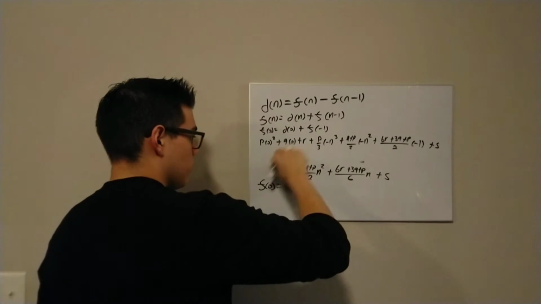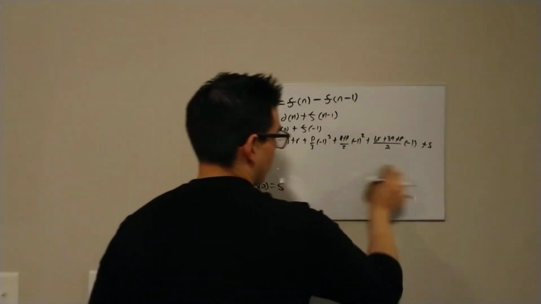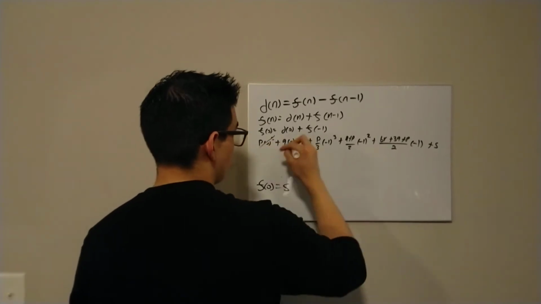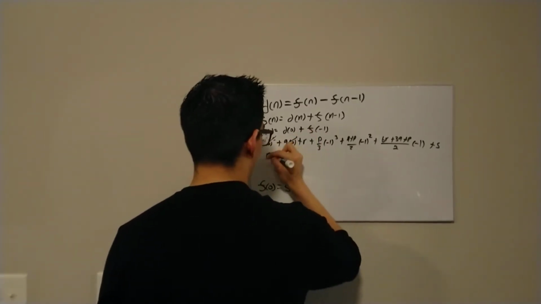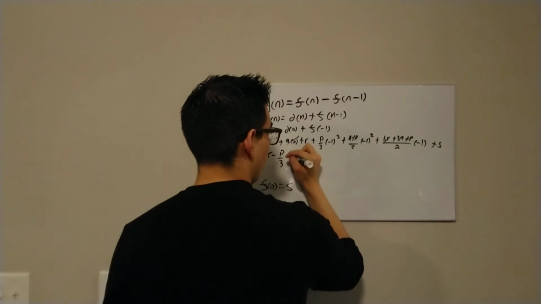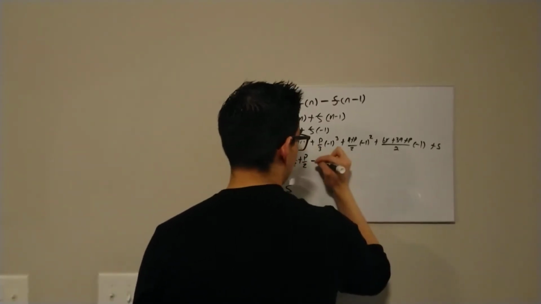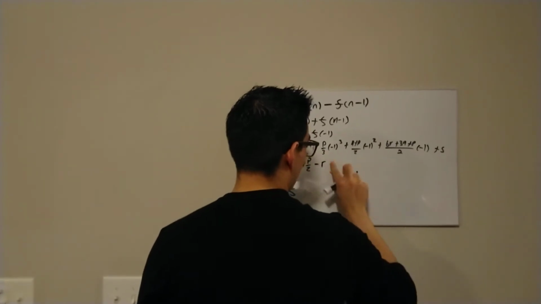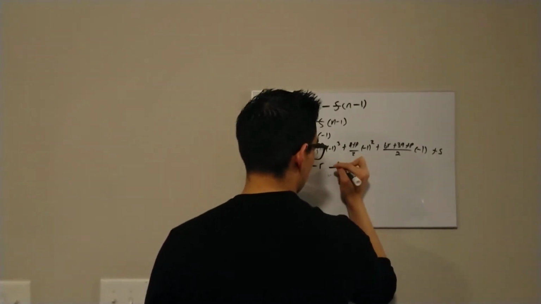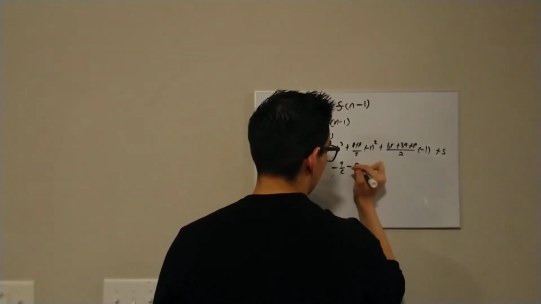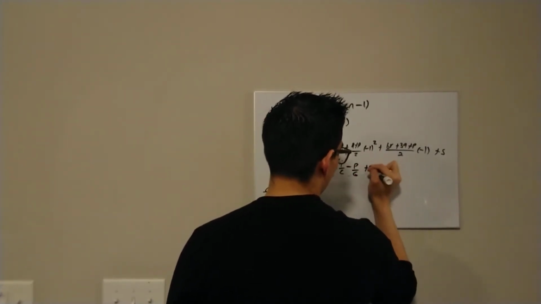Now, we just need to make sure that this comes out to just s, and that our left hand and our right hand sides are equal to each other. This zeroes out, so we have r minus p/3 plus q/2 plus p/2 minus r minus q/2 minus p/6 plus s.